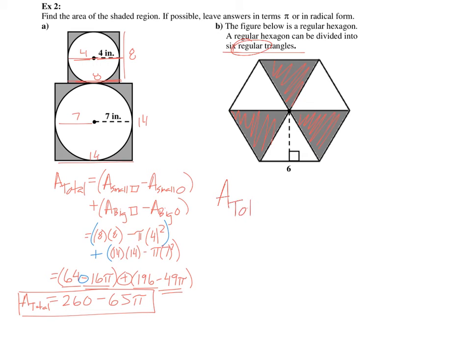So the area total is equal to, let's see what we have here, 3 times the area of the triangle, right? All right, so it's 3 times 1/2 base times height. What's the base? What's the height? All right, I already have the base of the triangle. It's 6. What's the height going to be, though?